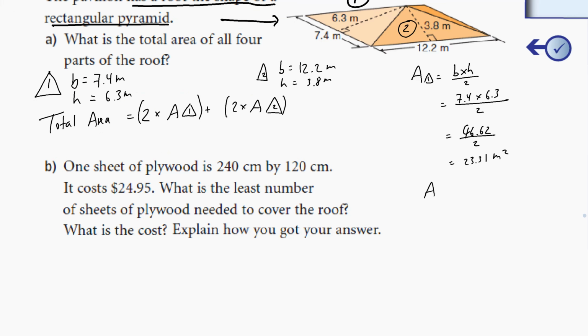Triangle number 2 is going to be base times height divided by 2. The base is 12.2 meters times the height is 3.8 meters, and divide that by 2.